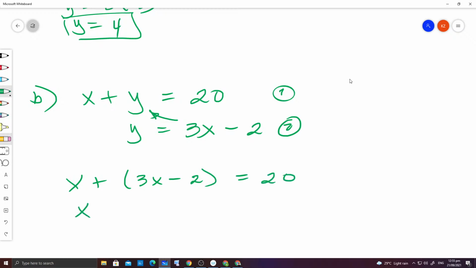So x plus 3x minus 2 equals 20. So x plus 3x equals 20 plus 2, by transposing it.